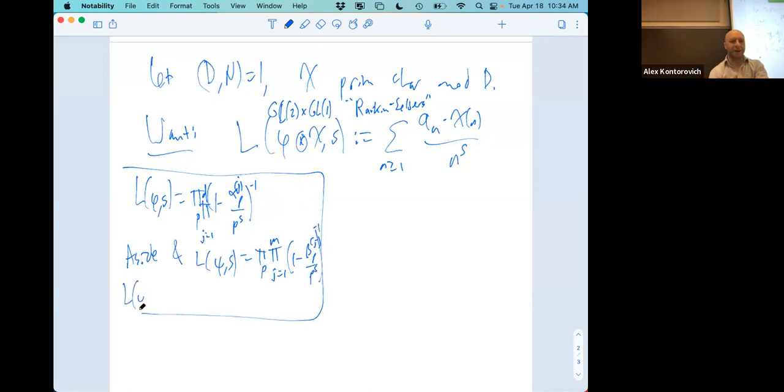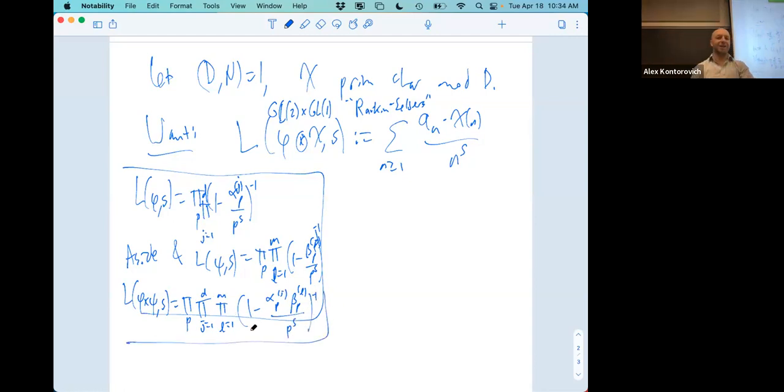Then the Rankin-Selberg L function, this is the key. What we want to do is take the product over all p, the product over, let's call this l, not that it matters what our dummy variable is, a product over j going from 1 to D, a product over l going from 1 to M of 1 minus alpha pj beta pl over p to the s. This is the key.